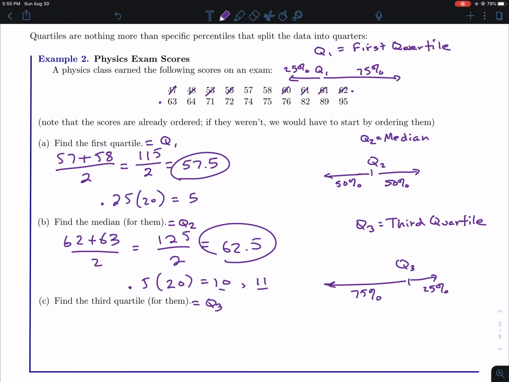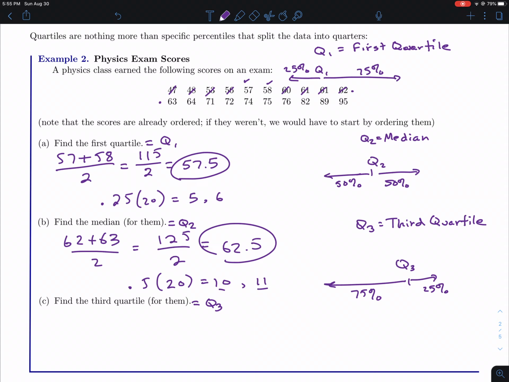So what it's telling me is that the first quartile is between the 5th and the 6th digit, which is exactly what I found there. The 5th digit was 57, the 6th digit was 58, and then I had to average them to find my total.